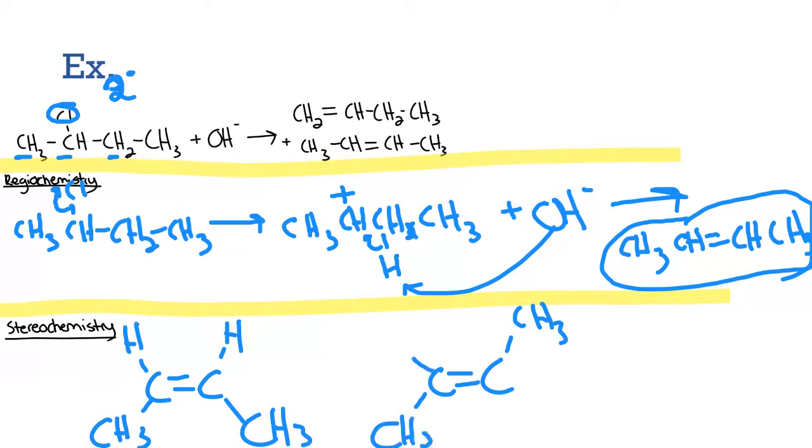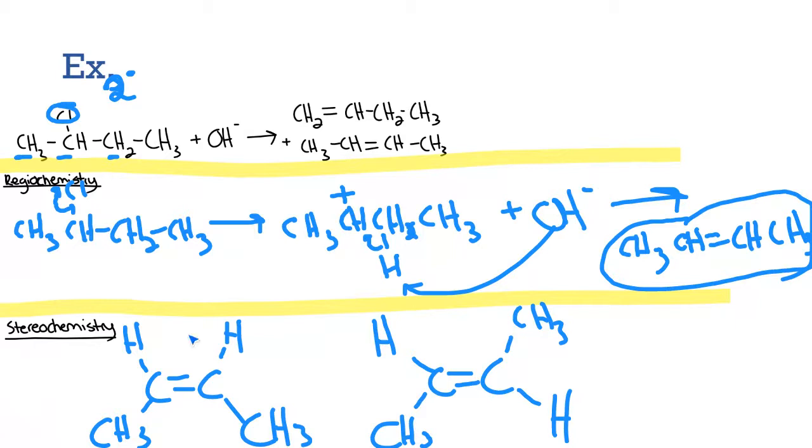Remember that trans isomers are more stable because these alkyl groups are as far away from each other as possible. That gives the most room between all these electron clouds, so there's the least amount of repulsion possible.